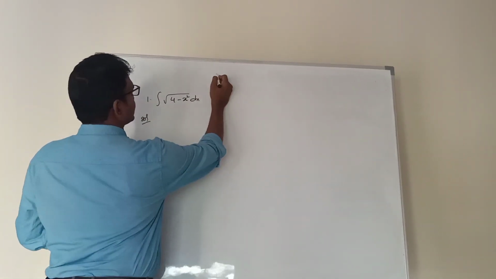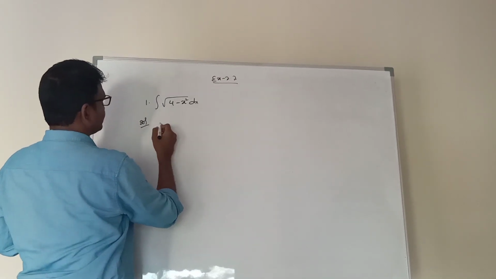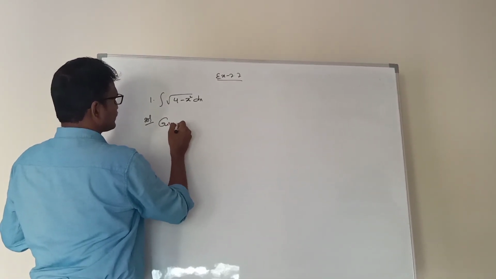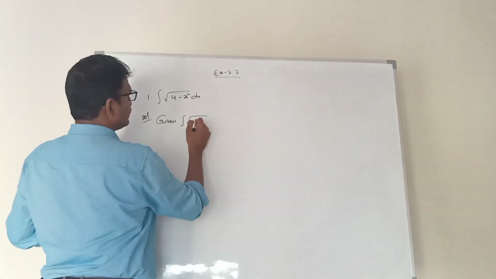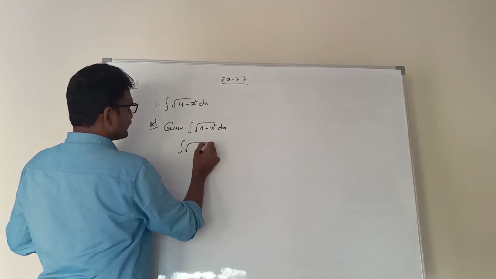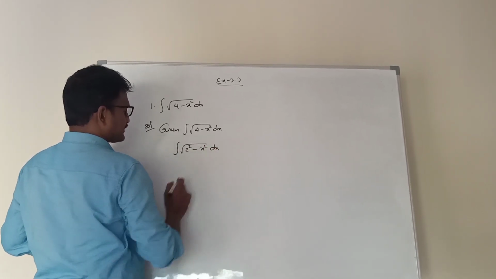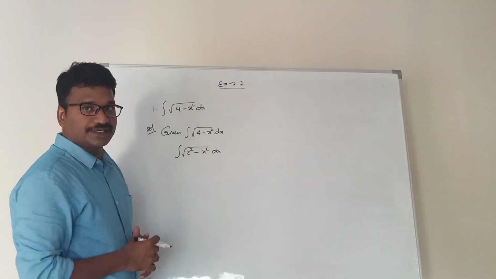First problem in exercise 7.7 is root of 4 minus x square. So what is given? Root of 4 minus x square dx. 4 we can write as 2 square minus x square.